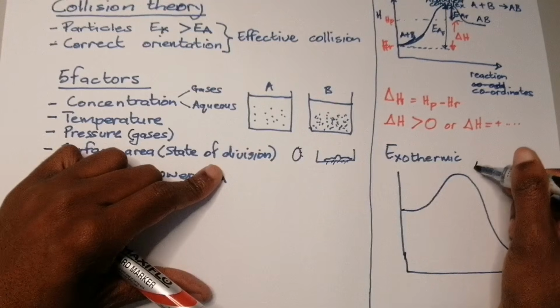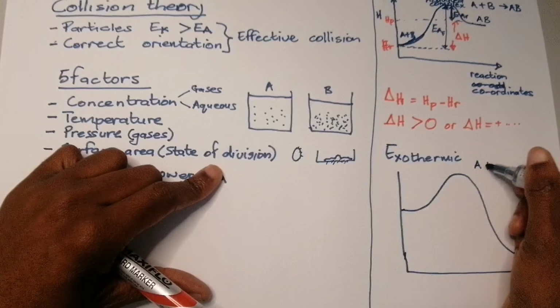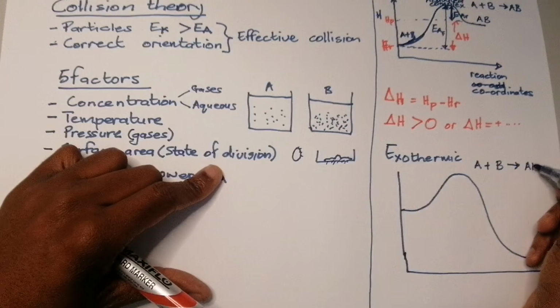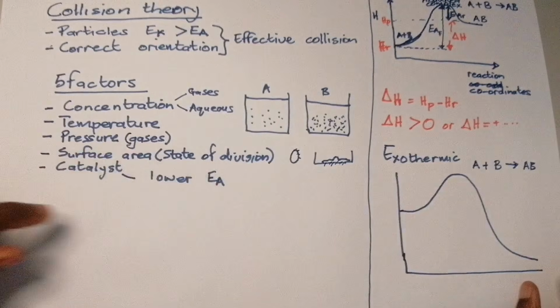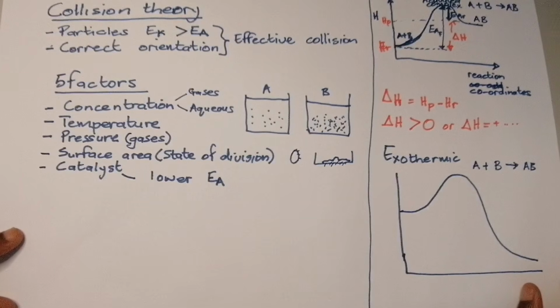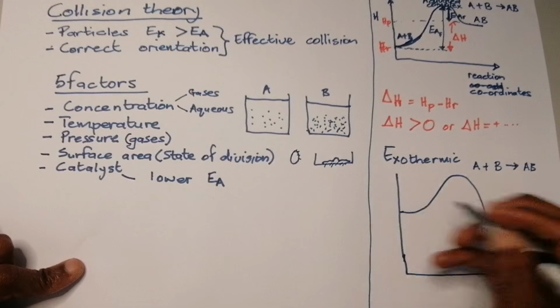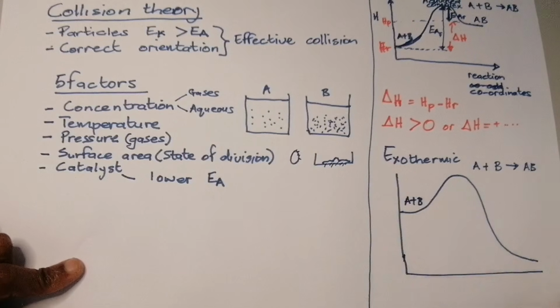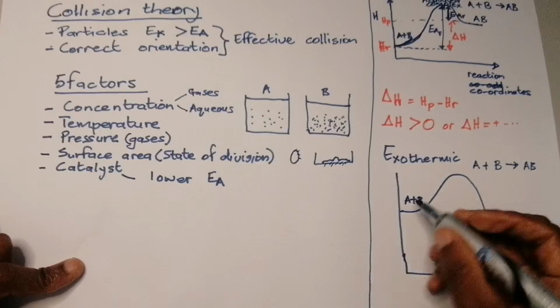So let's say we've got another reaction, A plus B giving us AB, okay? Right, so for an exothermic reaction, I want you to please note, this is where we've got A plus B, so this is going to be our reactants there, all right?